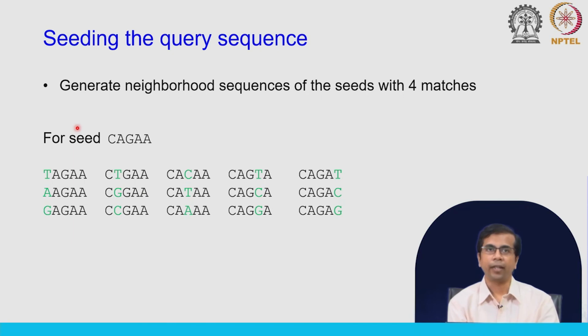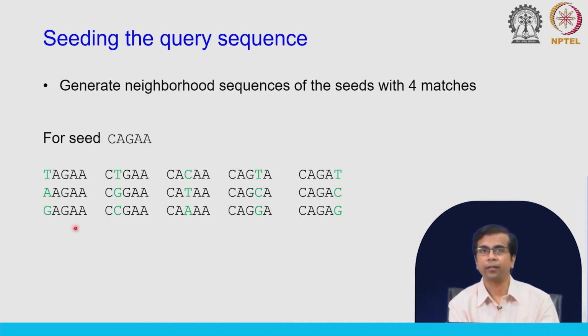So, we take one seed, and what are these neighborhood sequences? Neighborhood sequences of the seeds with 4 matches. Again, we can specify whether we want 4 matches or 3 matches, depending on the sequencing error that we want to accommodate in our analysis. For seed CAGA, we look at the neighboring sequences with 4 matches, meaning 4 bases will be identical to the seed and only one base can vary.